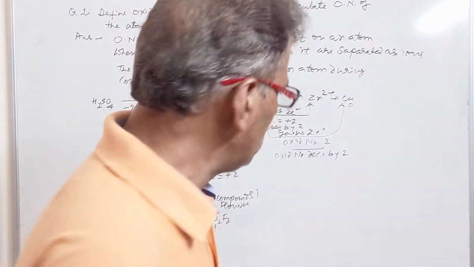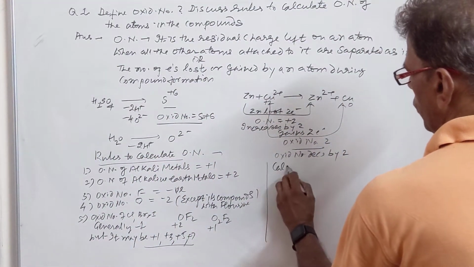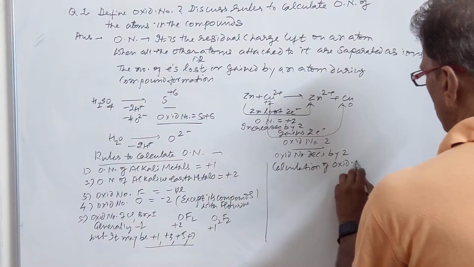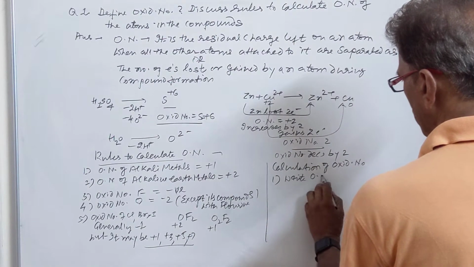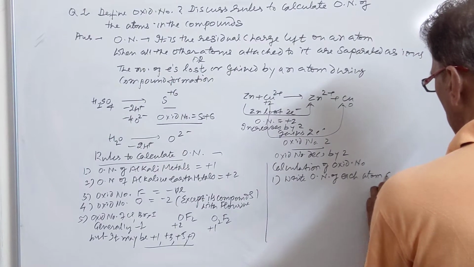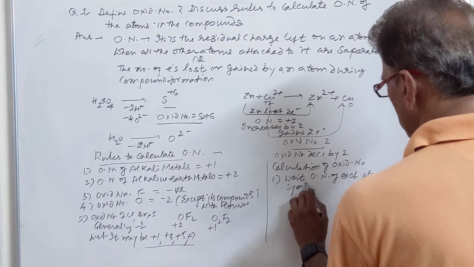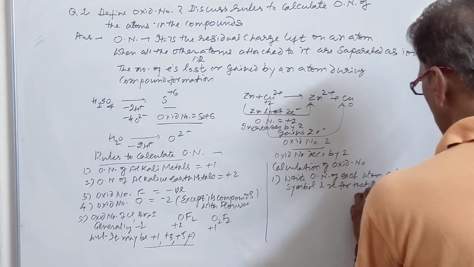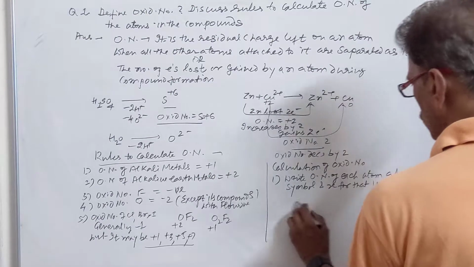Then we have the calculation of oxidation number. For calculation purposes, what we do: first step, write the oxidation number of each atom above its symbol, and X for that atom whose oxidation number is to be calculated.